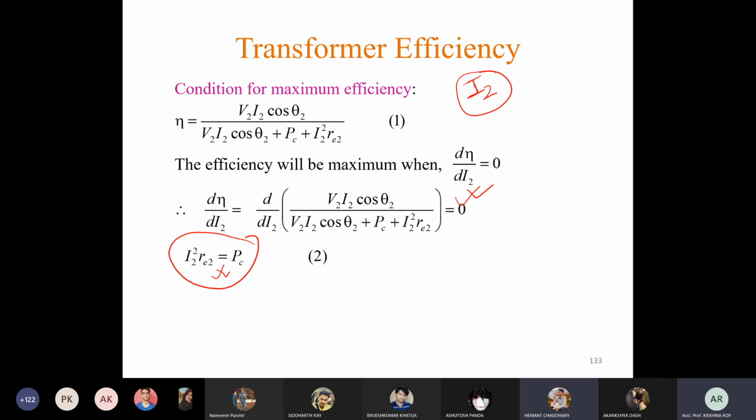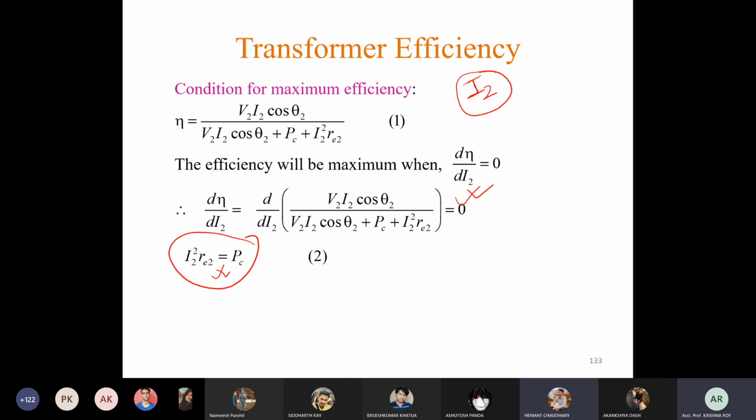PC is the core loss, which is constant loss, and I2 square Re2 is the variable loss. The current value for which this variable loss becomes equal to the fixed loss, that is core loss, gives the maximum efficiency.